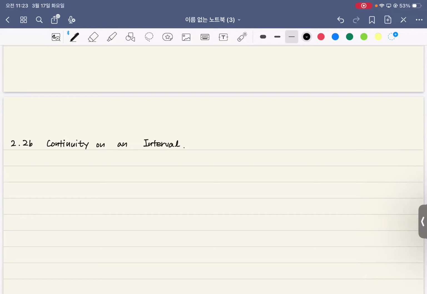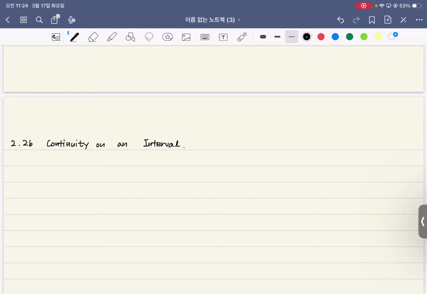Suppose you're a mathematician and you're trying to give a definition of your function being continuous on an interval, not a single point. How would you do that? The first definition that comes to my mind is, if my function is continuous at every single point on that interval, then I can define my function as continuous on the interval.